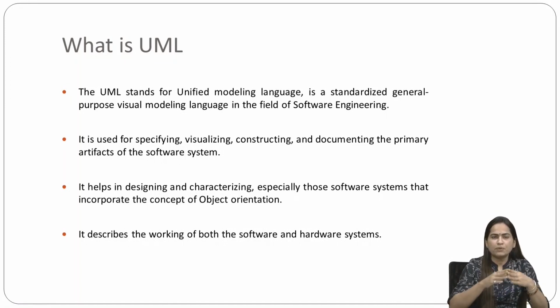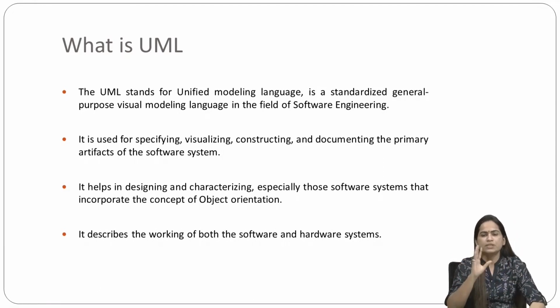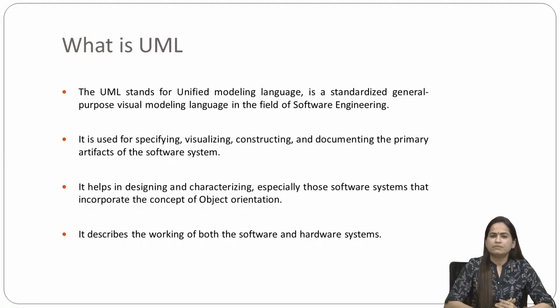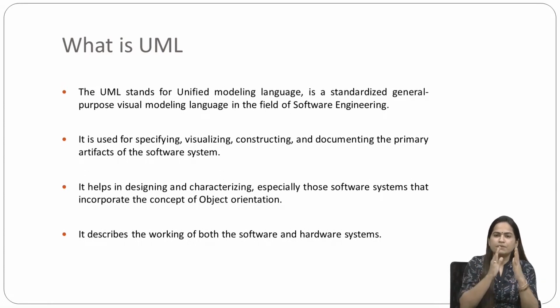We are talking about object oriented analysis and design. So for the software systems which are based on this concept, we use UML techniques. It describes the working of both the software as well as the hardware. In your system, whatever task the software part is doing and whatever task the hardware part is doing, both are described with the help of UML.